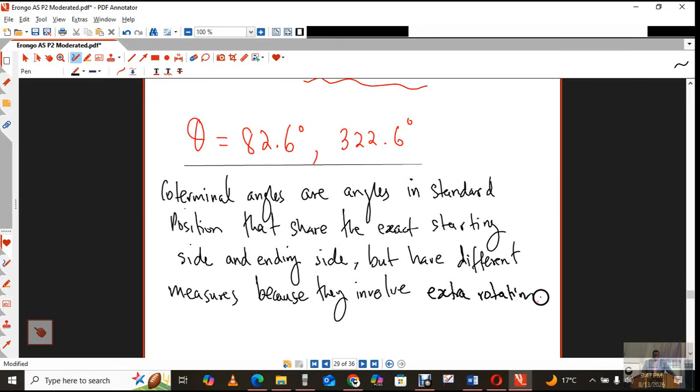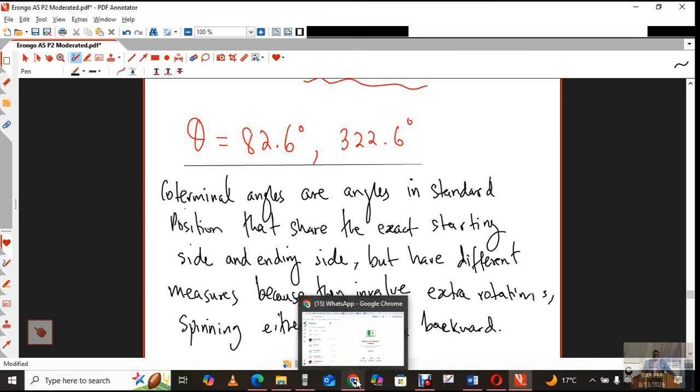That's why we are adding 360 rotations or things like spinning, either forward or backwards.